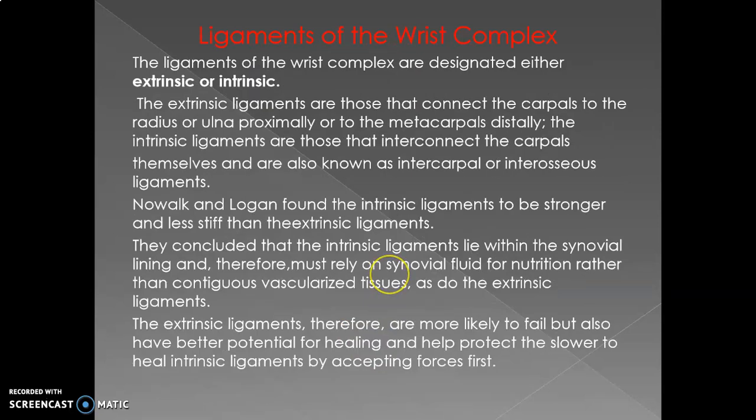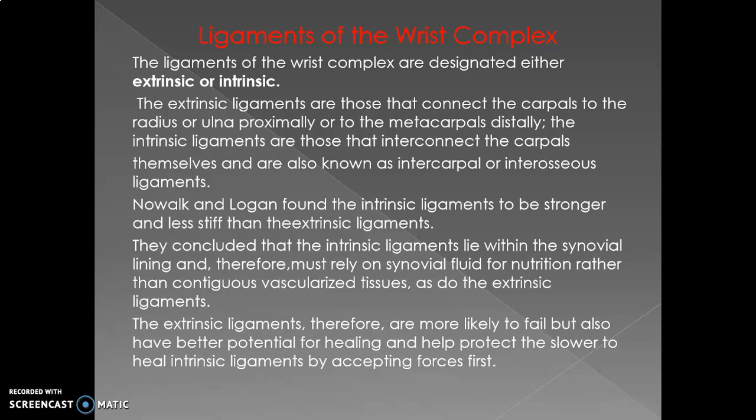Now we'll go to the ligaments of the wrist complex. Together we are talking about the ligaments here. We are not separately studying the ligaments as radiocarpal ligaments and midcarpal ligaments. So here we are trying to understand the ligaments of the wrist complex together. The ligaments of the wrist complex are designated either as extrinsic or intrinsic.